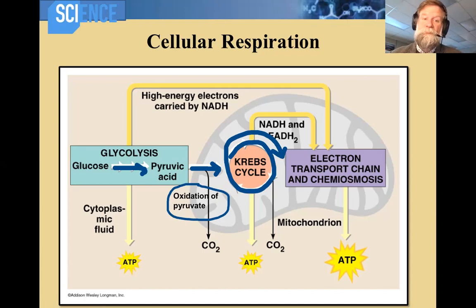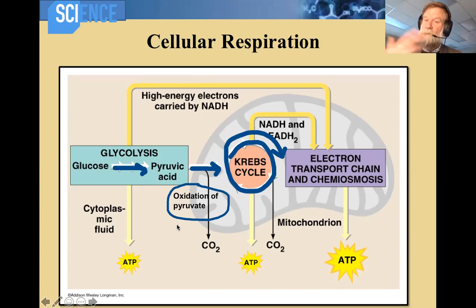So pyruvate's electrons get stripped away. It's oxidized. Those electrons are really important. You know how important electrons are in powering these cellular processes. And so pyruvate gets oxidized. That gets rid of one of those 3 carbons. And so a little CO2 is released here.